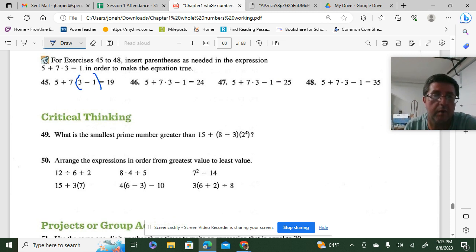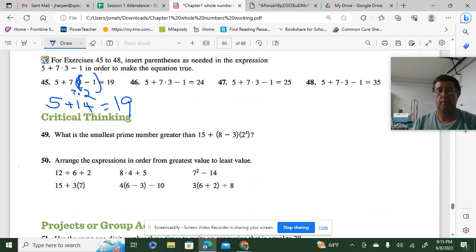Okay, so you would take 3 minus 1, which equals 2. Then you would take 7 times 2, which would equal 14. Then you would do plus 5. 5 plus 14 equals 19. So you would put the parentheses right here to make that a true expression.